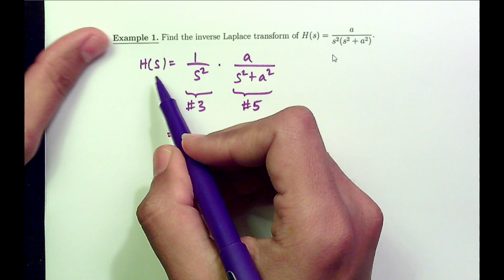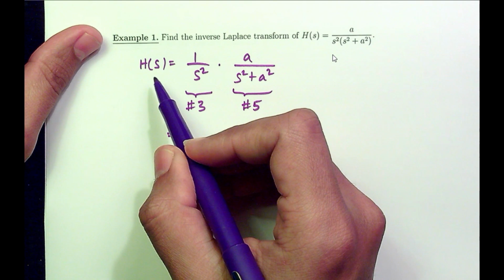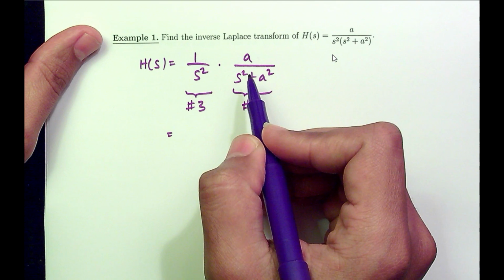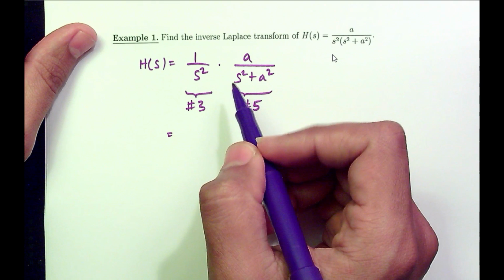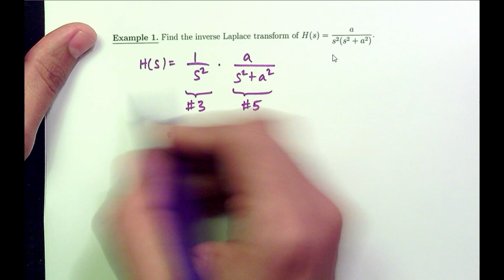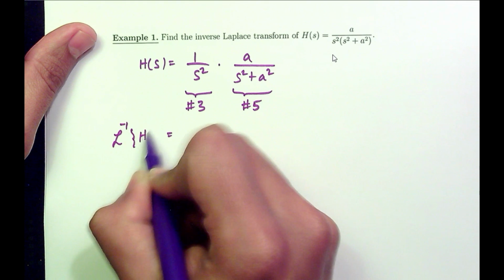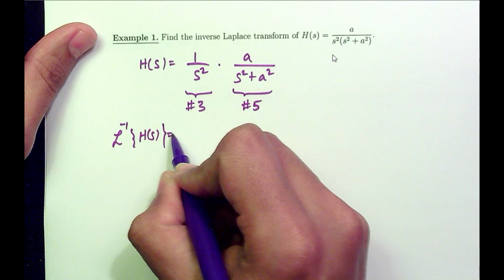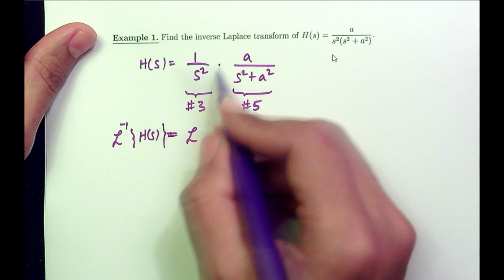So we don't know the Laplace inverse of this directly, but we were able to write the function H as a product of two functions, each of which we can easily find the inverse Laplace transform of. So that means the inverse Laplace transform of H is equal to, okay, now I'm going to copy this because H is equal to that.